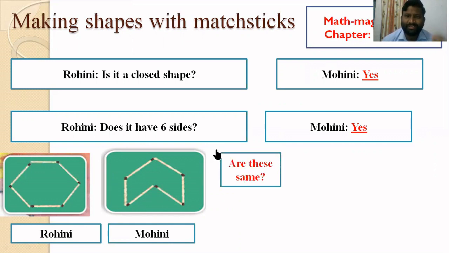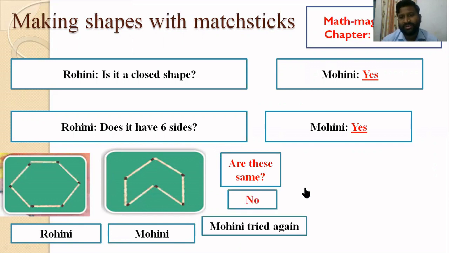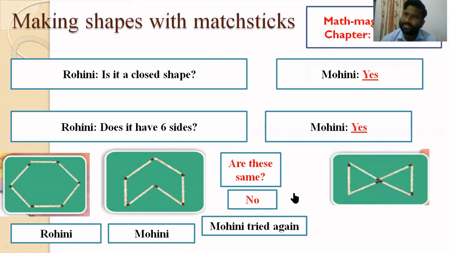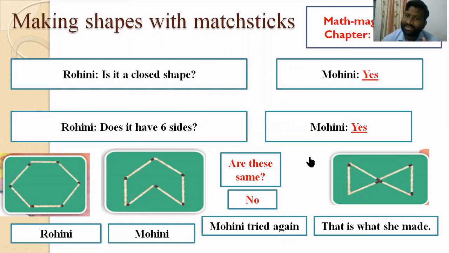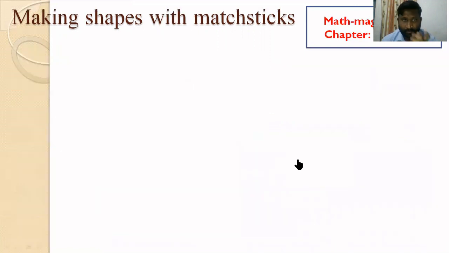So Mohini was wondering, are these the same? No. So Mohini tried again. Okay, let us make one more picture so that it can be similar. This time she made it like this. This again has 6 sides. You can say 6 matchsticks are there. That is what she made, but these 3 are separate.